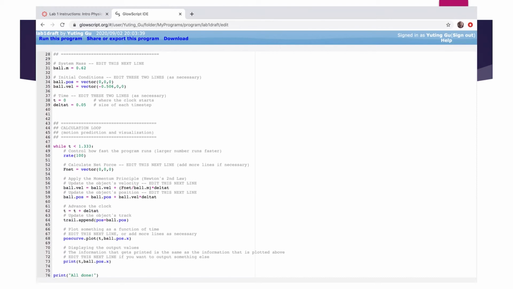I also changed the t to be smaller than 1.333 seconds, which is the time range, and I set 0 for the x, y, z components of F net. And finally, I changed the equation of calculating the velocity and the position of the ball based on Newton's second law.